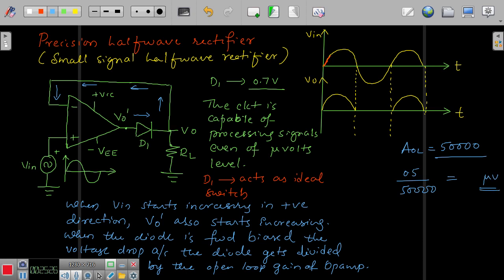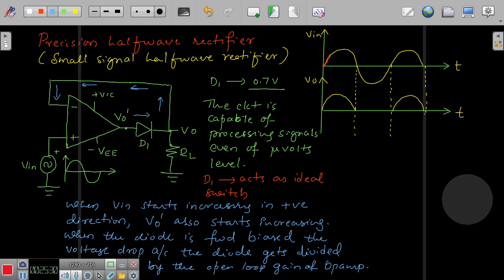So if you divide 0.5 by this 50,000, you can see this will definitely be available in the form of microvolts. So this particular feature makes the voltage across the diode get greatly reduced by a factor of the open loop gain, and the diode starts following the voltage V0 dash here.